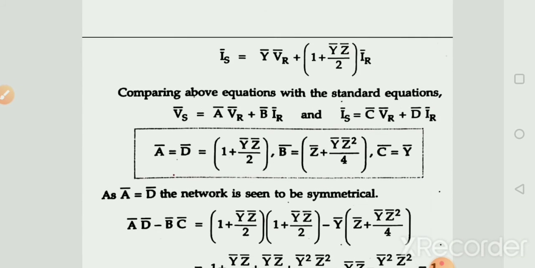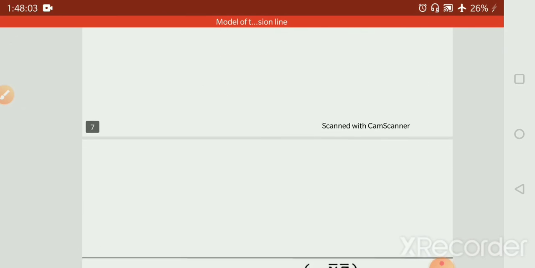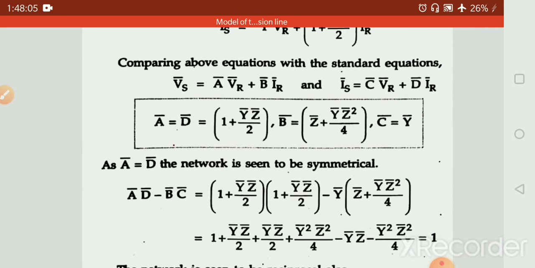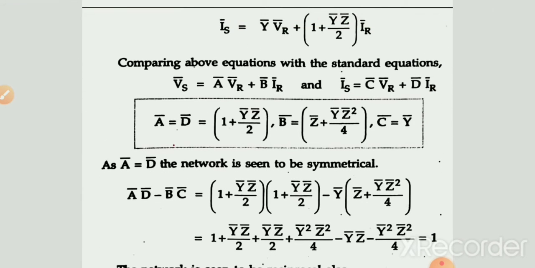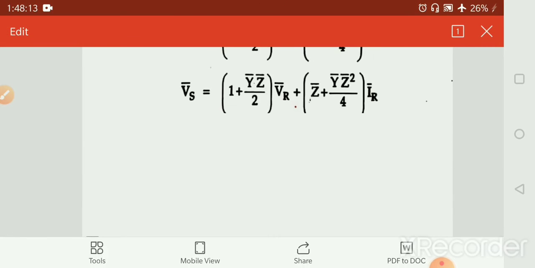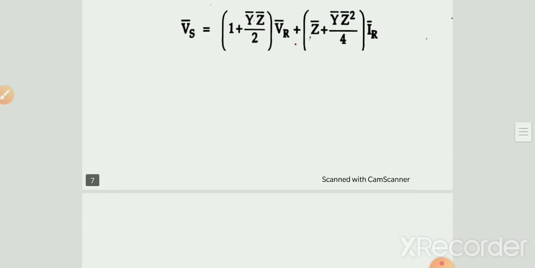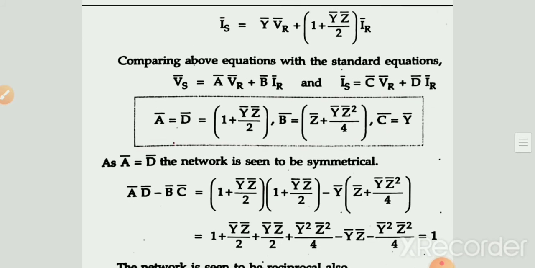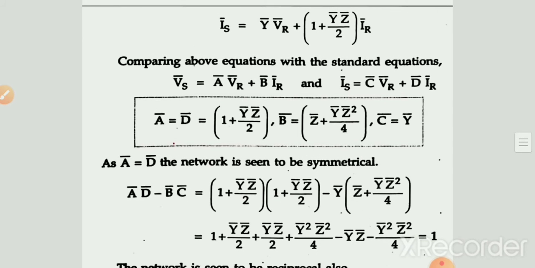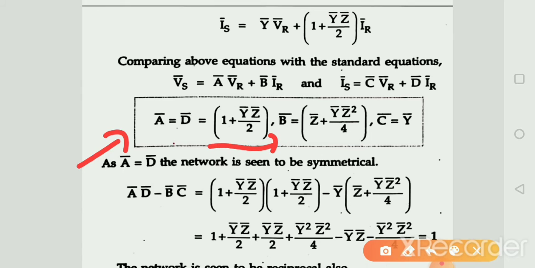Okay, now we have the parameters by comparing both equations, the Vs form and the second equation, the Is form. So we can get the parameter values: A equal to D are the same.